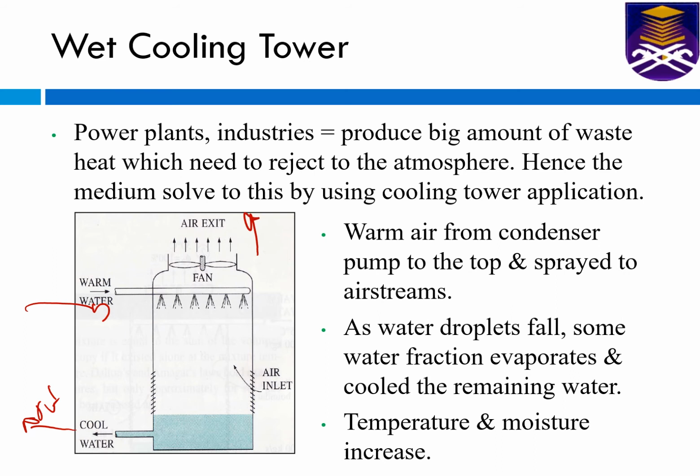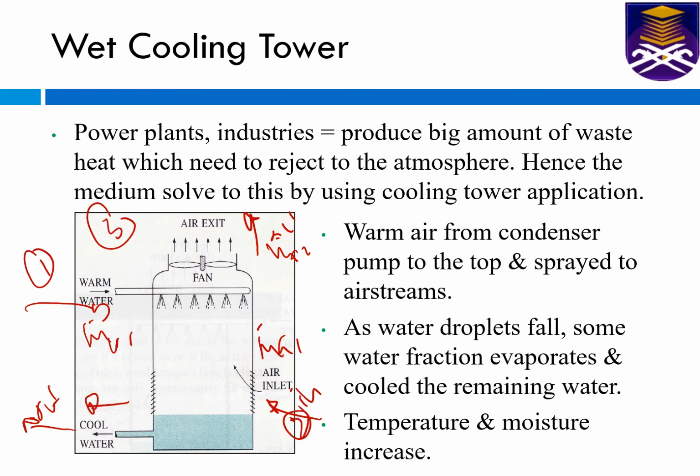So the warm water in, m dot w1, air coming in, so you have m dot a1, and this is m dot a2. This is state 1, state 2, state 3, and this is going to be state 4. So we have to do the mass balance and energy balance.